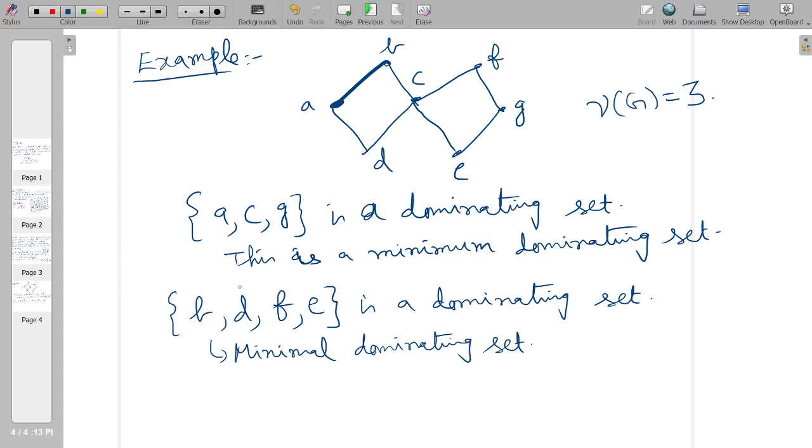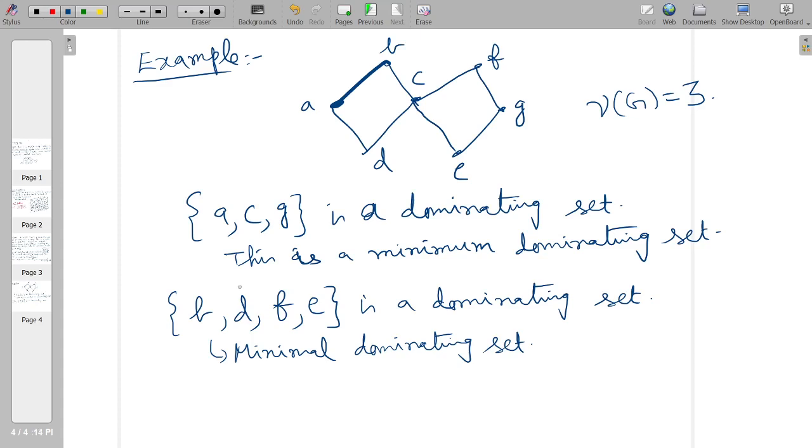So what you do is list down all the minimal dominating sets, and after enumeration you select the set with least cardinality, and that would be the domination number. So for this graph, gamma of G is 3, and an example is also given that a minimal dominating set need not be a minimum dominating set.